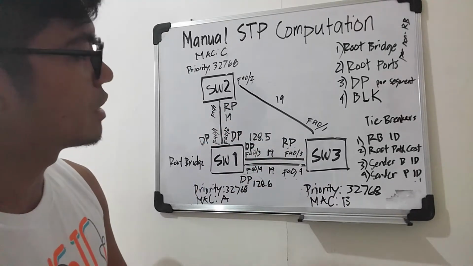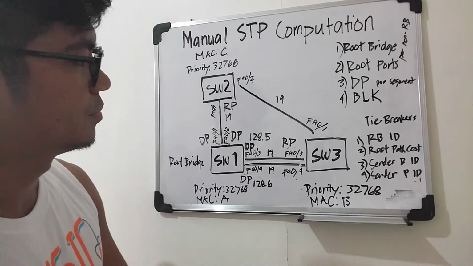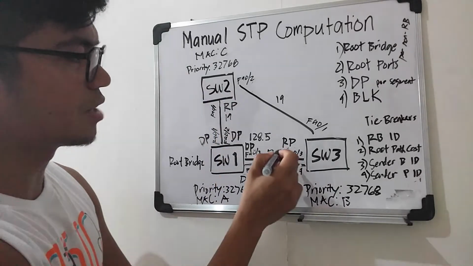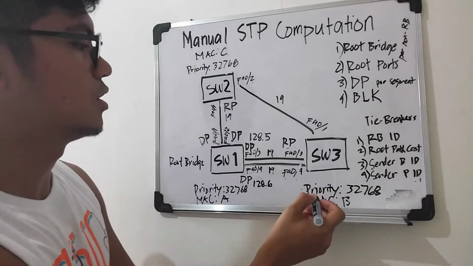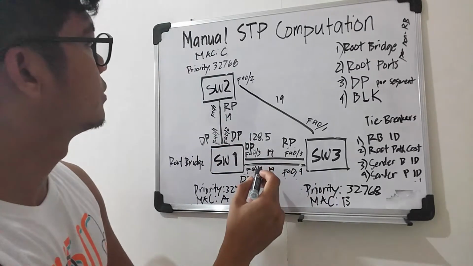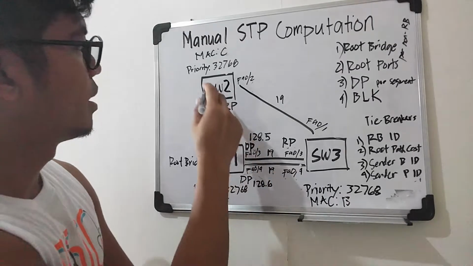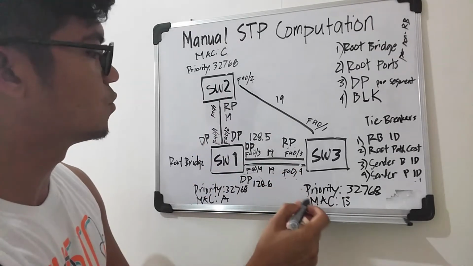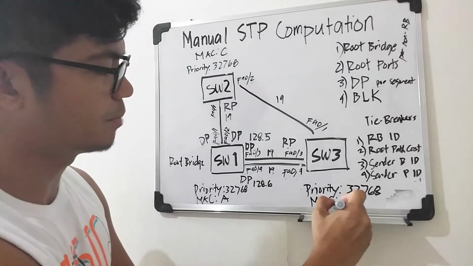So we use the sender bridge ID, because we have 2 sender bridge IDs. Which one has the lower bridge ID? The priorities are equal, so we use the tiebreaker, which is the MAC address.